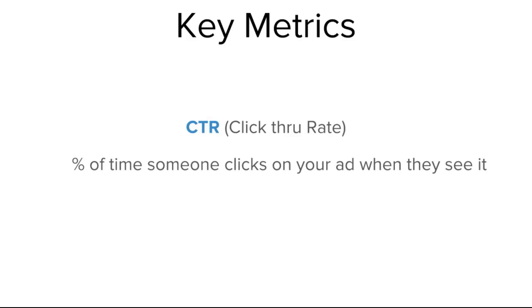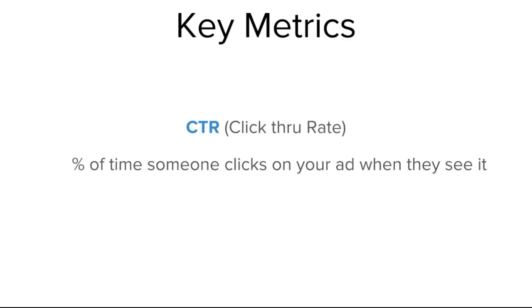So this is a really, really important key metric at determining how well your ads are doing. So if your click-through rate is poor, you know that there's an issue with your ads. Either the ad is not lining up with the keyword, so the keyword isn't relevant to the ad that you've written, or your ad copy is not really resonating with the target audience.